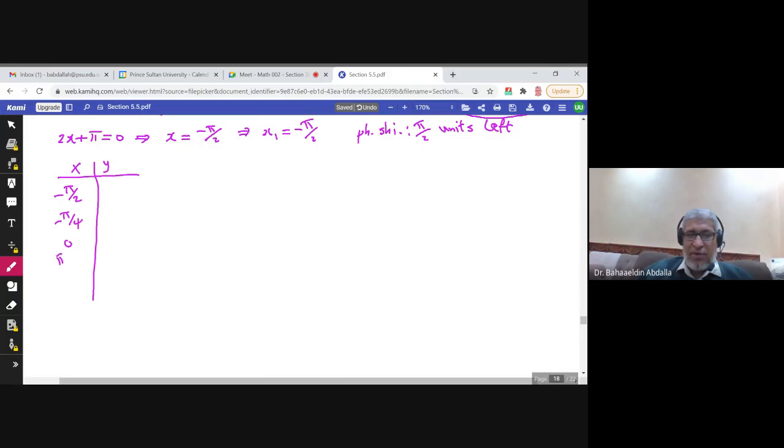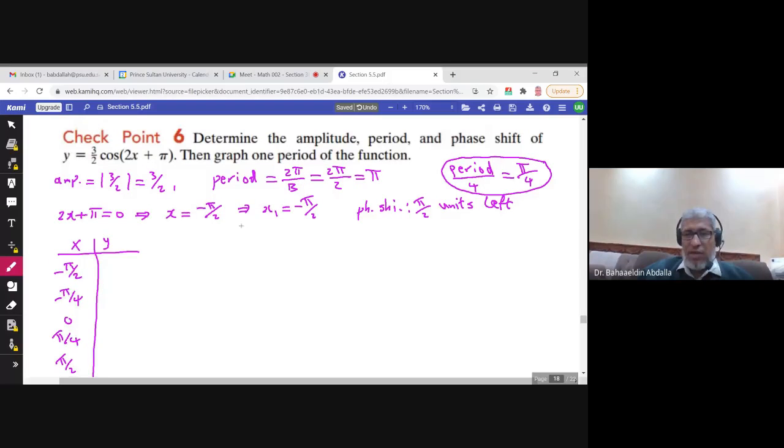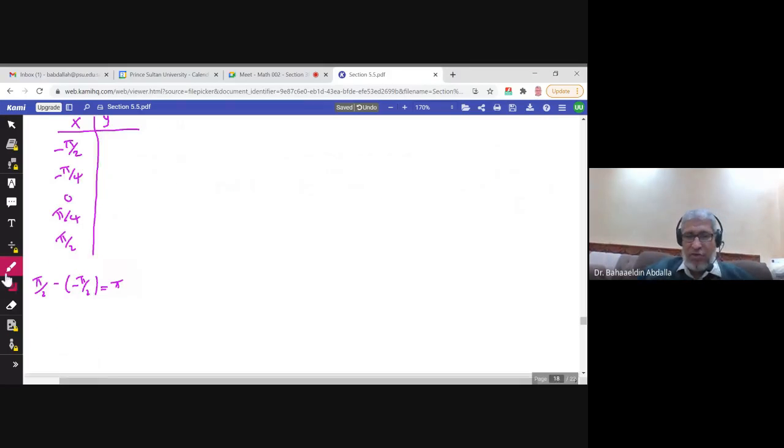Adding another pi over 4 and another pi over 4, it goes from negative pi over 2 to pi over 2. You can check that you did not make a mistake by subtracting the first x value from the last x value, and the result should be the period. The period is pi, so pi over 2 plus pi over 2 is pi, so that's correct.